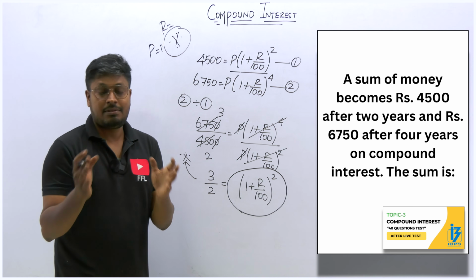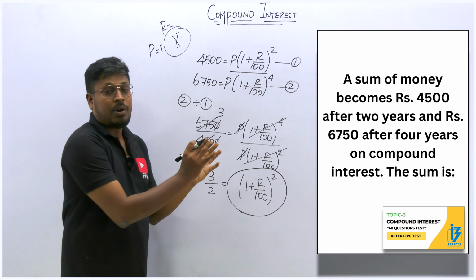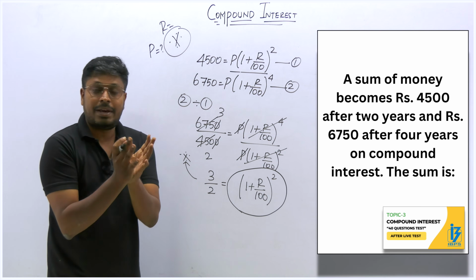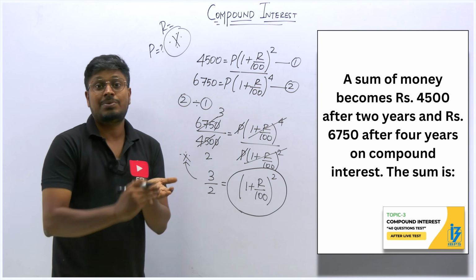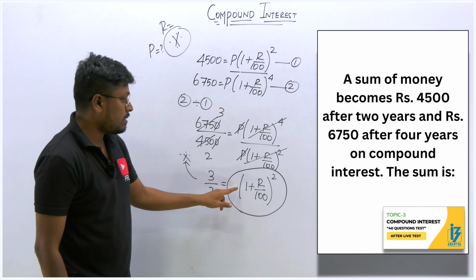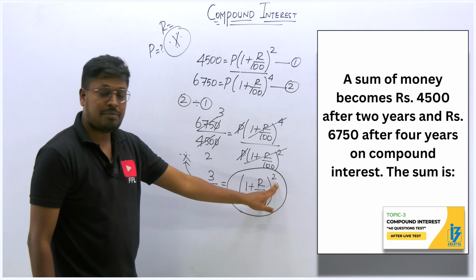So remember one thing, in this model, if the question is based on T1 years, T2 years, you can find the principal as well as the rate of interest, right? Here we have cancelled principal and principal, so in the numerator we have only the square.